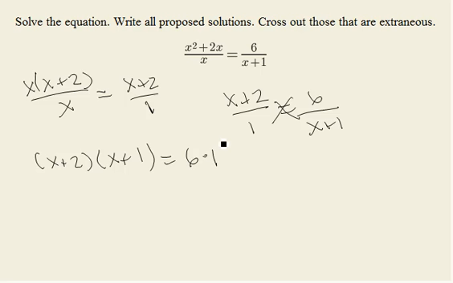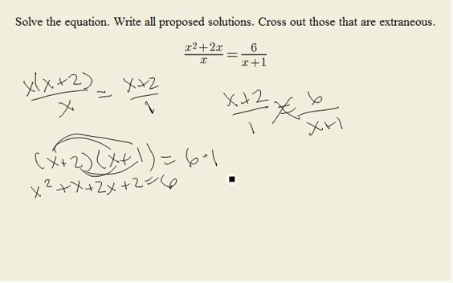Alright, so now we can simplify that down to x times x is x squared, x times 1 is plus x, 2 times x is plus 2x, and 2 times 1 is plus 2, and that'll equal 6. Now, we all know that in order to factor this out, we are going to need to set our equation equal to 0.